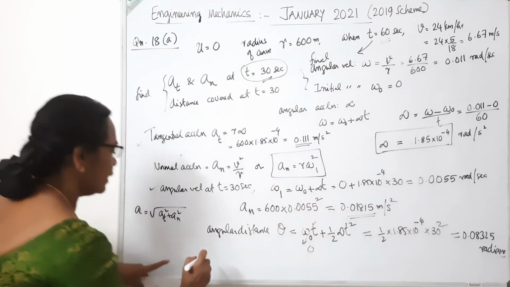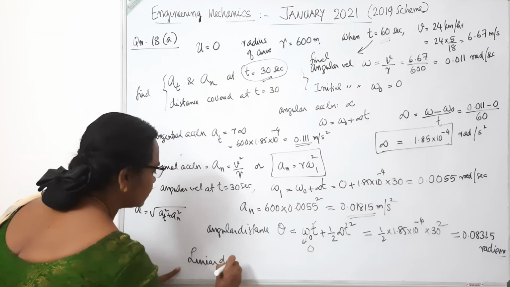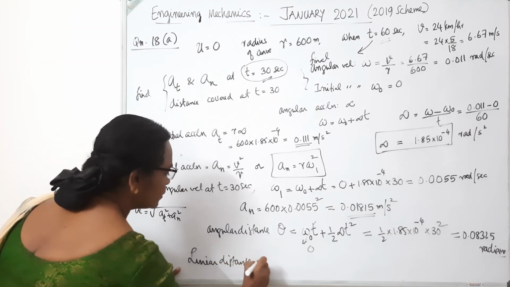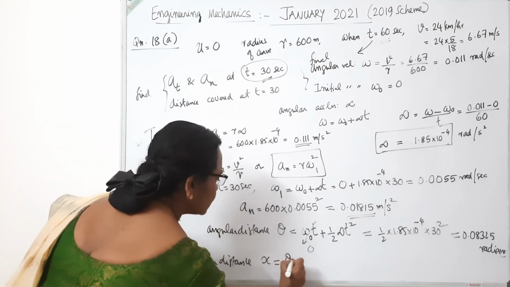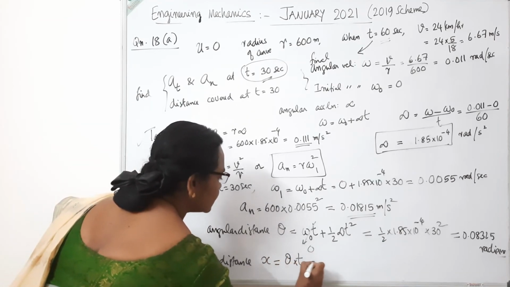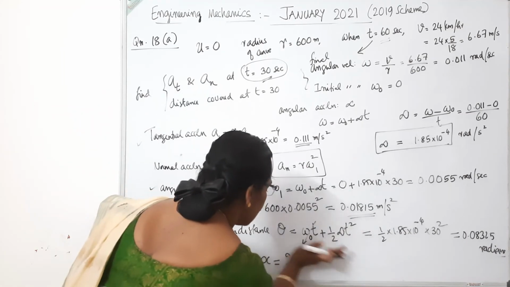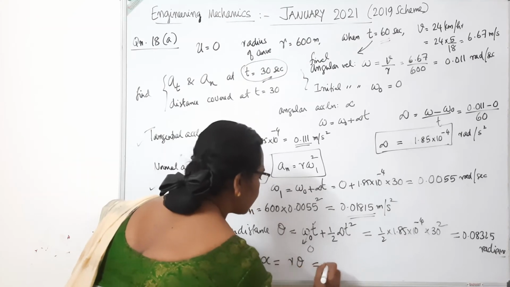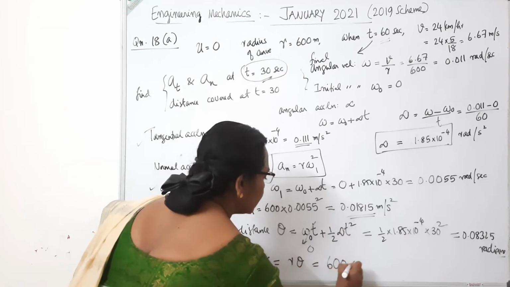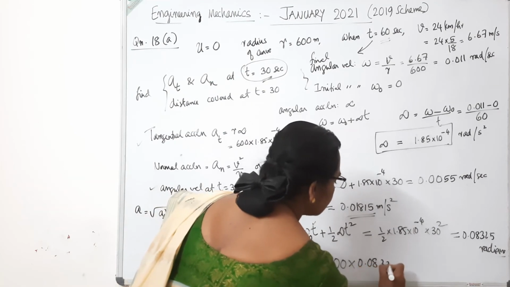If you want to compute the linear distance traveled, x is equal to angular distance times the time. Theta into t is equal to r theta. If x is equal to r theta, r is equal to 600 and theta is equal to 0.08325.